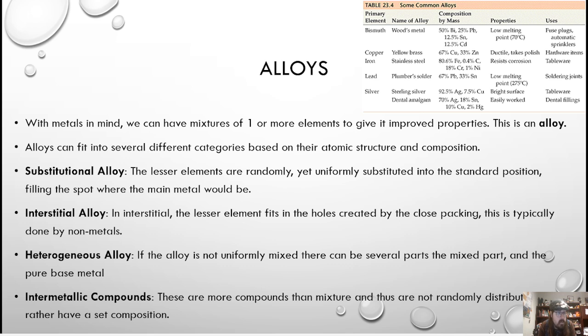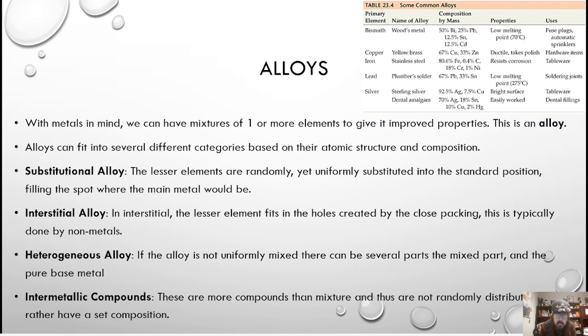Zinc isn't mixed into the center, it's only coating the outside. And so near the surface between the two, there is some iron and zinc mixed together, but it's mostly iron core and zinc shell.